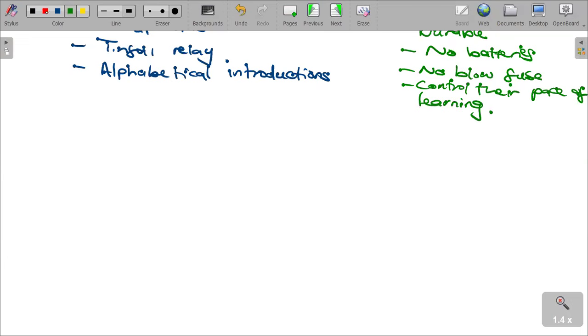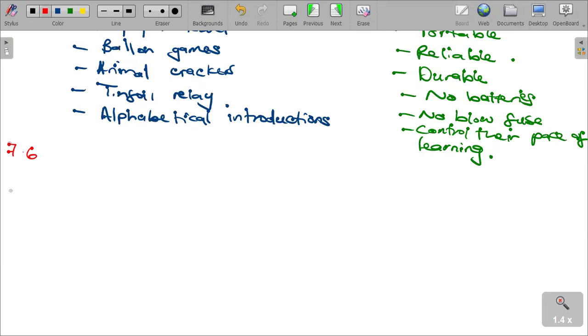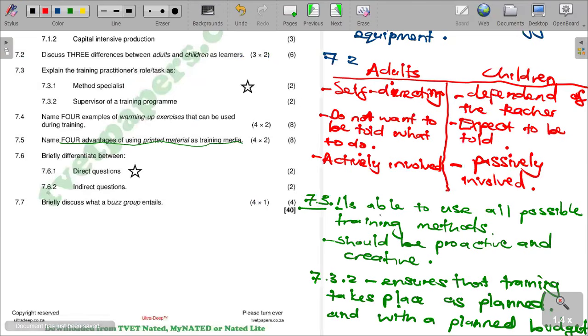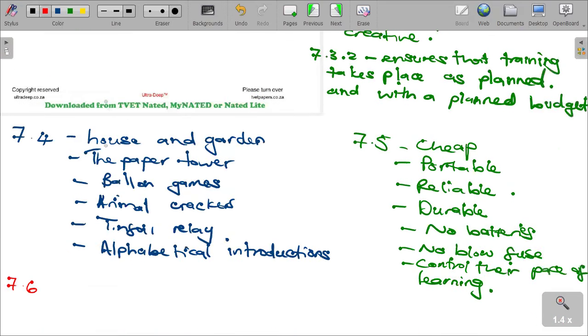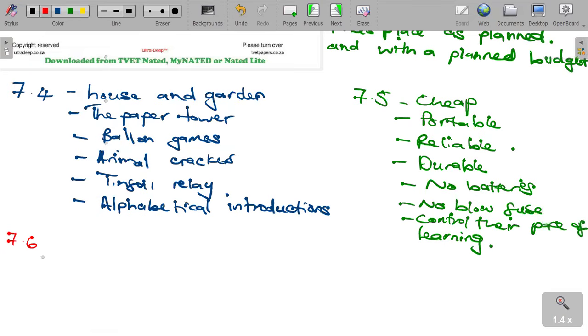Let's go to 7.6. Briefly differentiate between direct questions, right? Question 7.6.1, direct questions are questions that are directed to a specific individual, put up to a specific person.